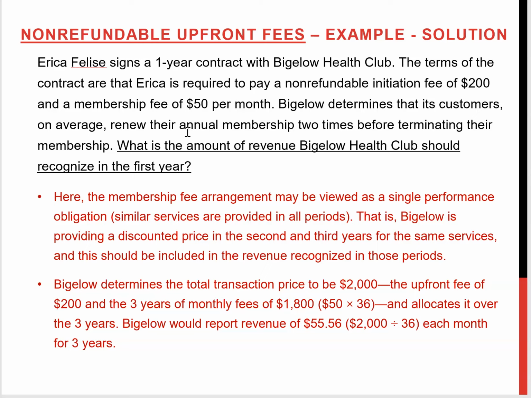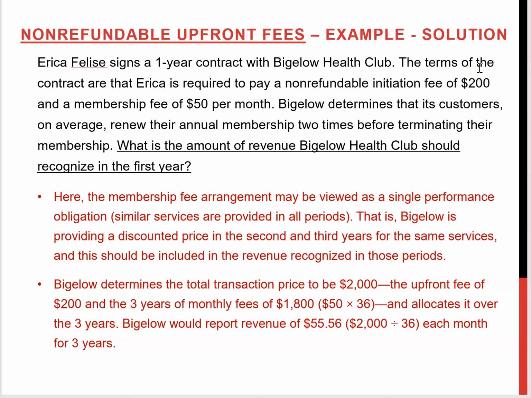Now for the first month, how much revenue would Bigelow record? Per month they are receiving $50, times 12 should be the yearly revenue, but you have these upfront fees. How will we do that?